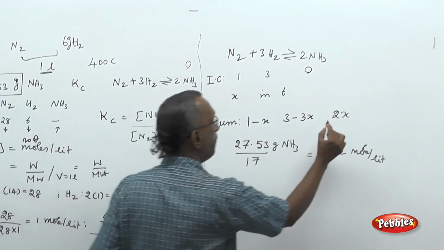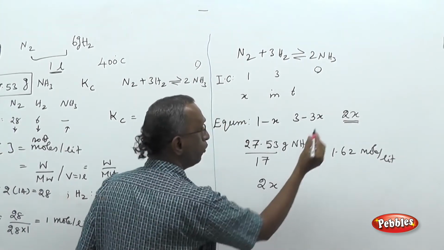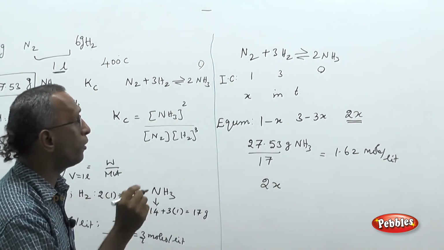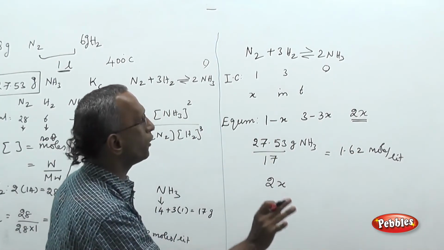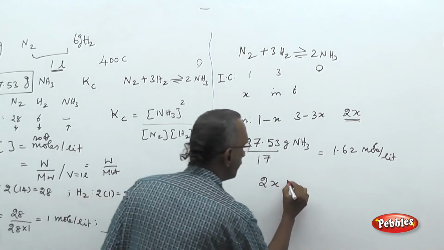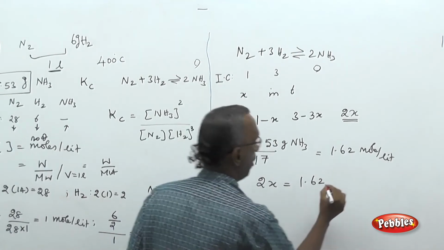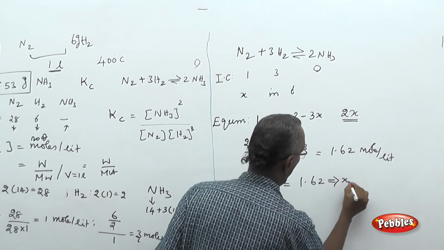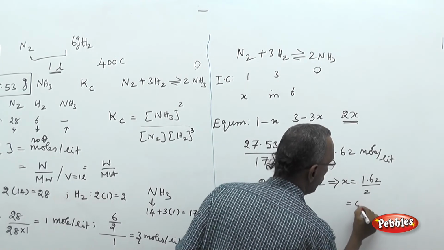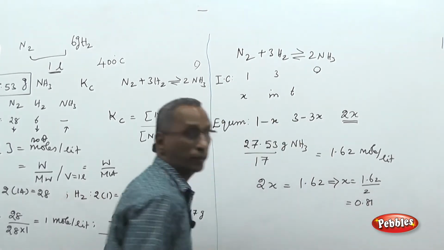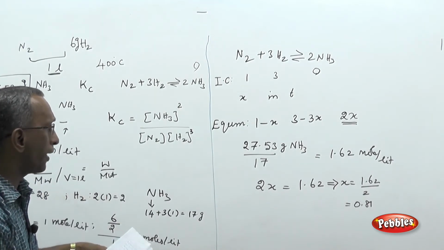But as per the equilibrium, we have seen that 2X is formed. So 2X is the amount of ammonia formed, and 1.62 is the number of moles of ammonia formed, which means that 2X equals 1.62, or in other words, X equals 1.62 divided by 2, equal to 0.81 mole per liter. X is the amount reacted.